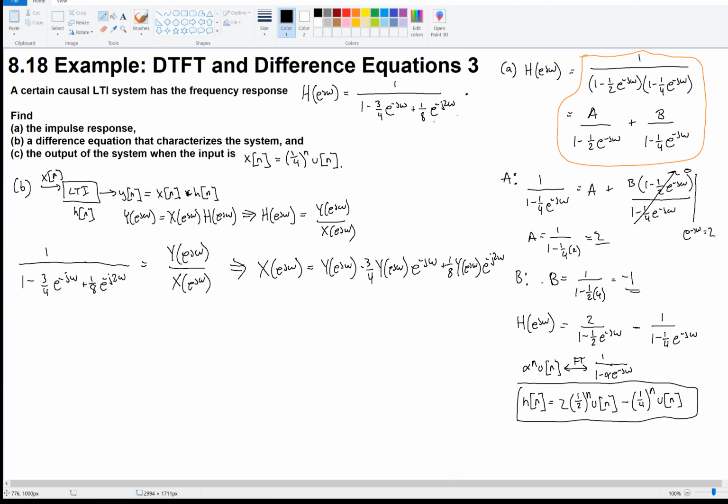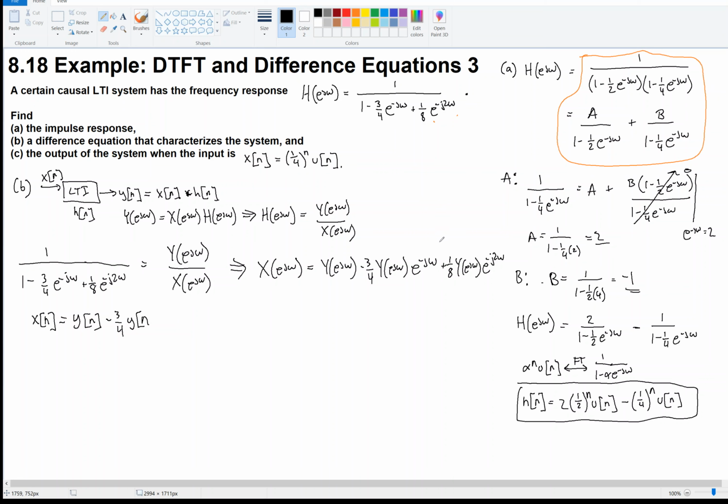Okay, so now I take the inverse transform of that equation. So the inverse transform of capital X is lowercase x, equals the inverse transform of capital Y is lowercase y. And I can do this piece by piece from linearity. So now I can just consider minus 3/4. Now the inverse transform of capital Y times e to the minus j omega, from the time shift property, multiplying by a phasor in frequency is the equivalent of shifting in time.